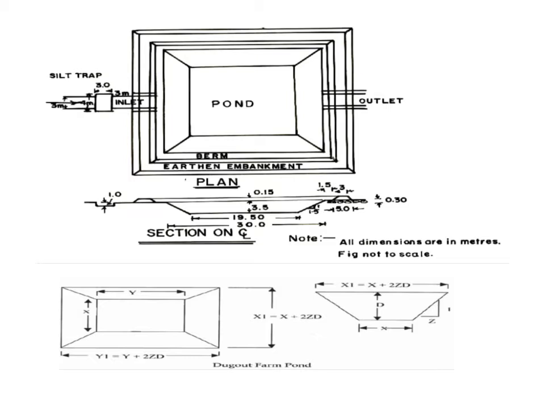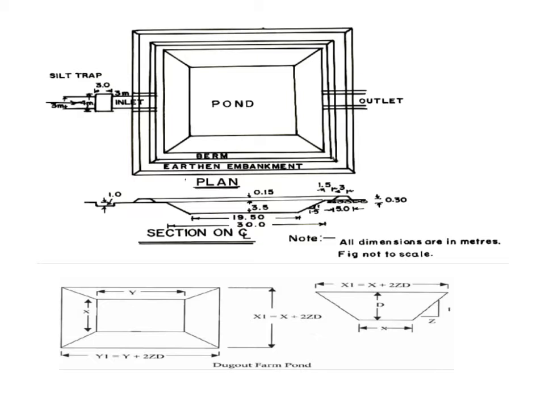In the plan you can see the inlet and outlets provided for collecting and letting out the excess water, and also the excavated stone is used to form the earthen embankment around the pond, and the poles are provided to avoid the slippage of the earthen embankment.